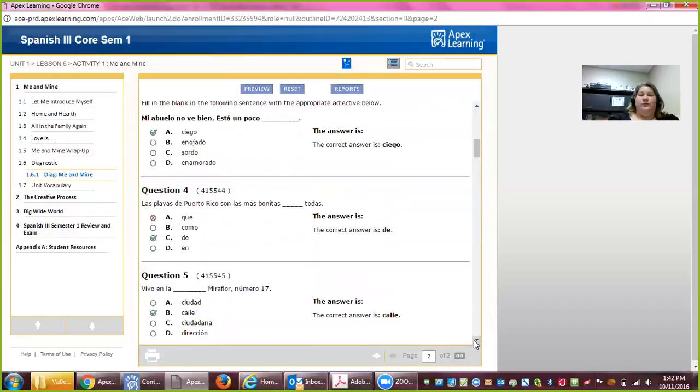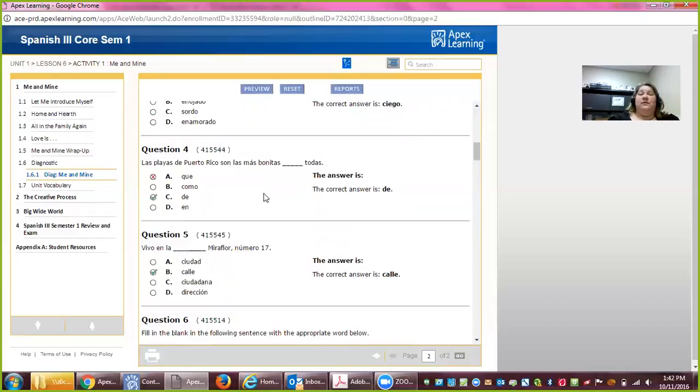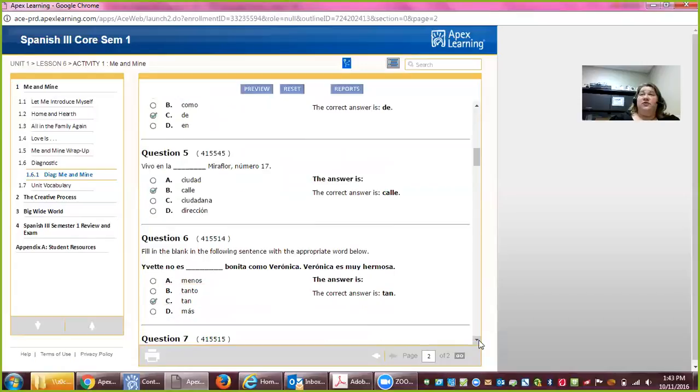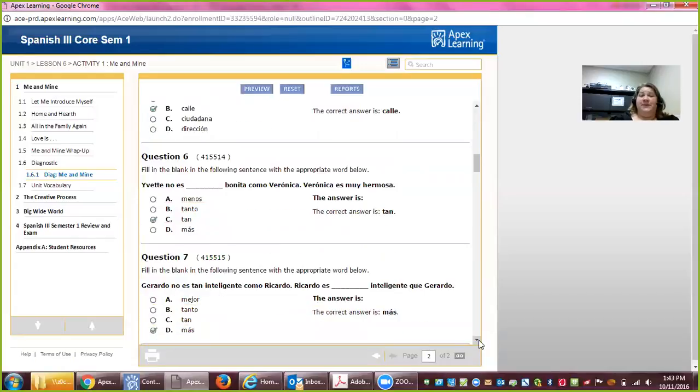Número 4. Las playas de Puerto Rico son más bonitas de todos. So de is the correct word here. And unfortunately, these little prepositional phrases are a little bit tricky. Then we have some directions.